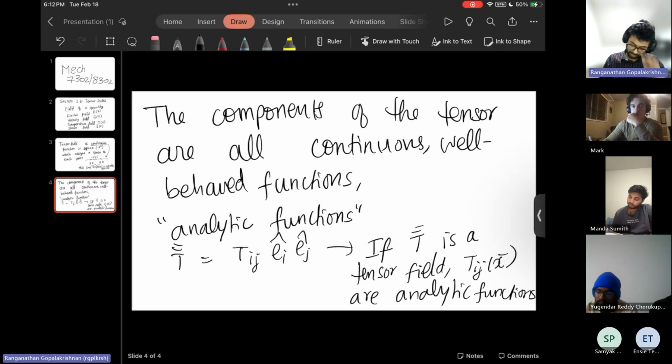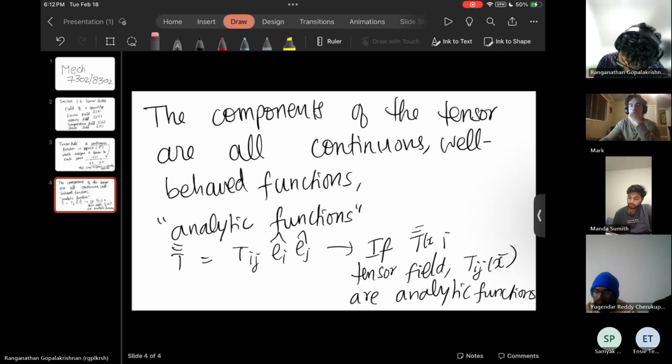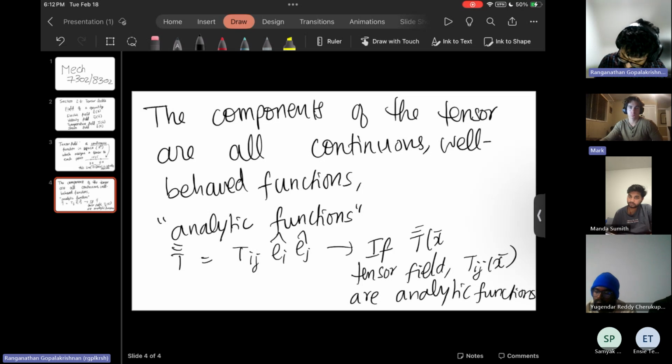So T of X is a tensor field, and then Tij of X are analytic functions.